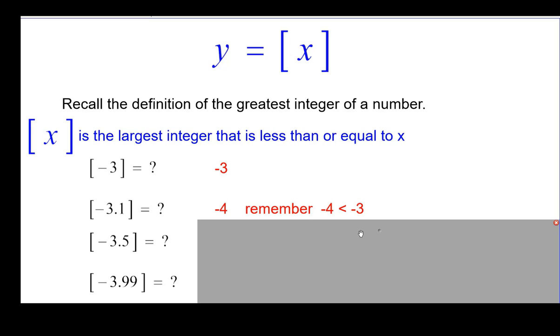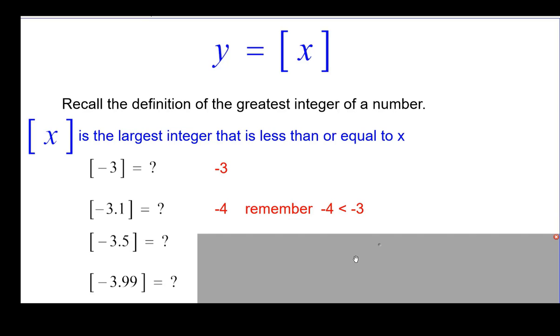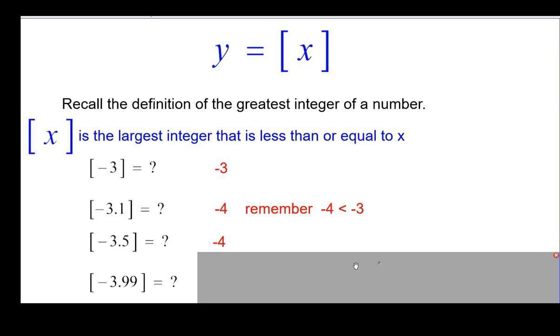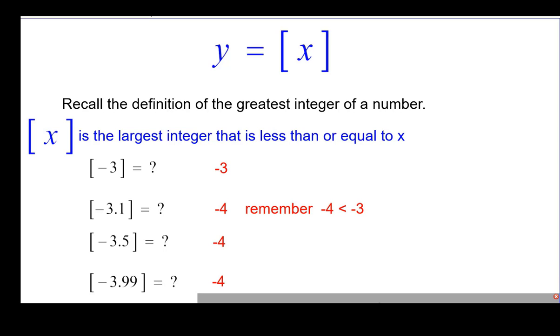What about the greatest integer of negative 3.5? Also negative 4. Negative 3.99? Also negative 4. Think about that. So you'll notice there's a pattern here. The greatest integer of any integer is the integer itself.